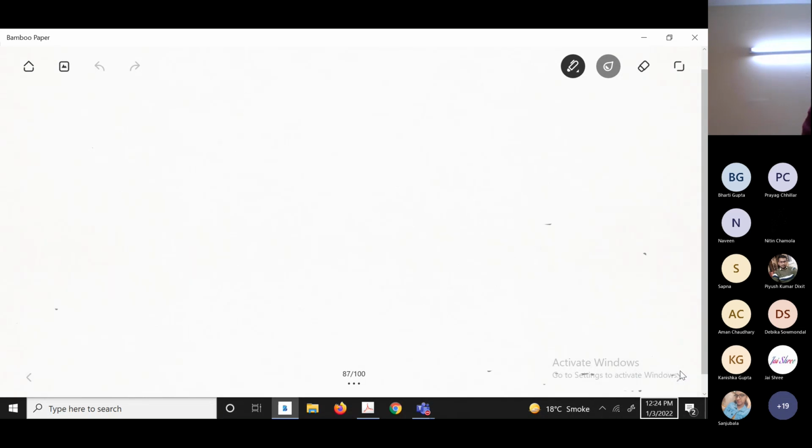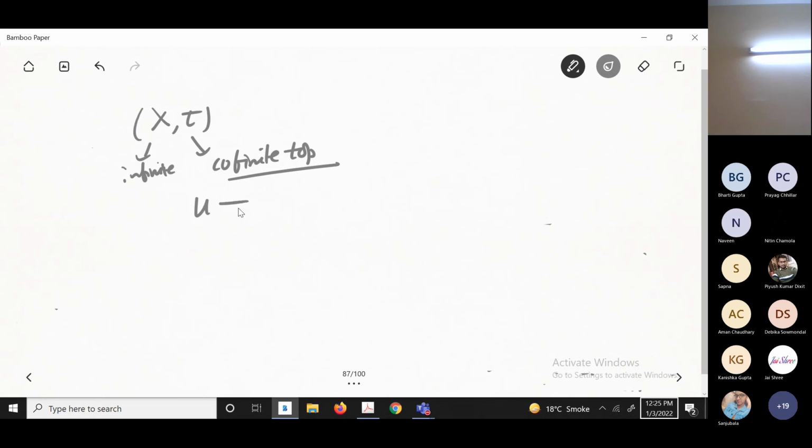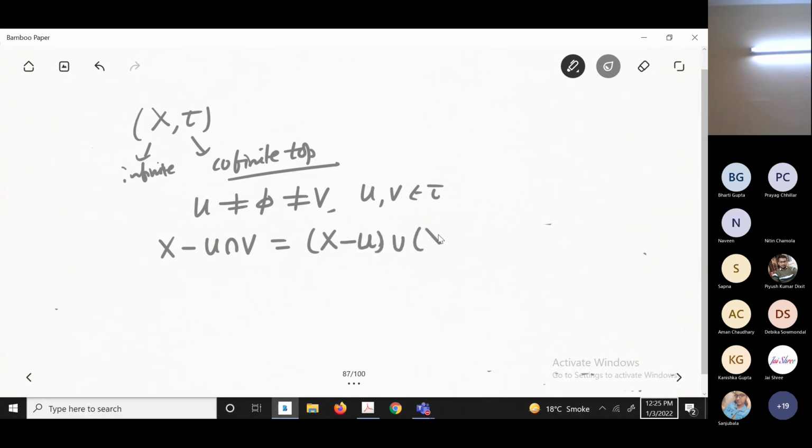So here you see that a metric space is Hausdorff, whereas if you take an infinite set with the cofinite topology, and take two non-empty open sets U and V, then X minus (U intersection V) will be (X minus U) union (X minus V). Since U and V belong to tau, these are finite.